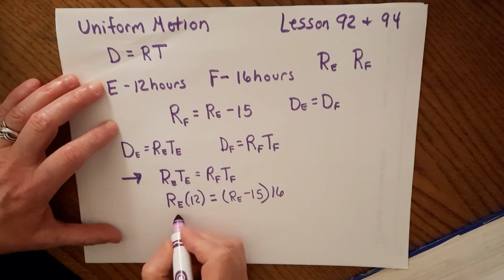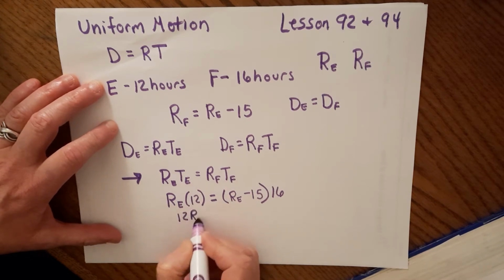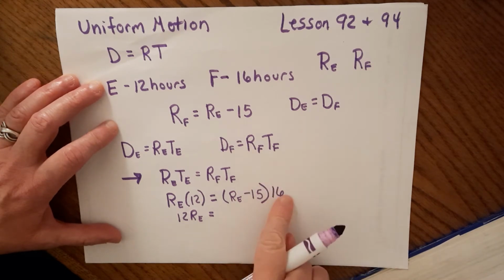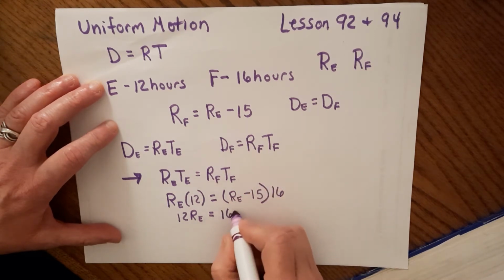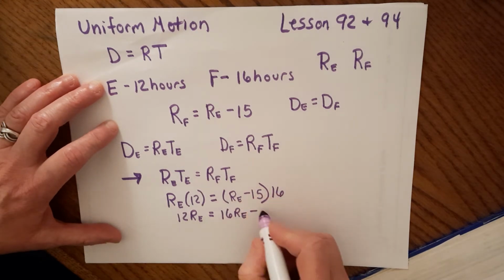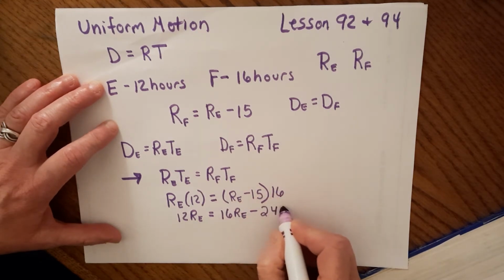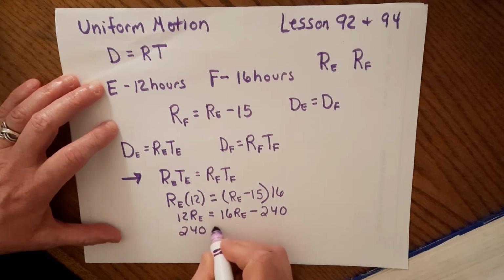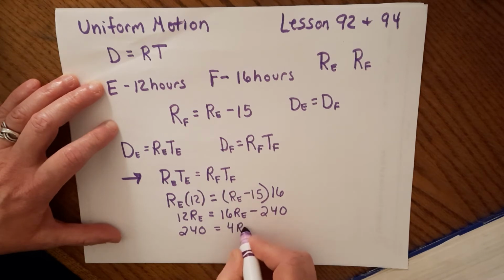So we're going to rewrite RE times 12 as 12RE, just easier to work with. We're going to use the distributive property and write 16RE minus 16 times 15, which is 240. We're going to add 240 to each side, and we're going to subtract 12RE from both sides, giving us a new equation of 240 equals 16RE minus 12RE, which is 4RE.